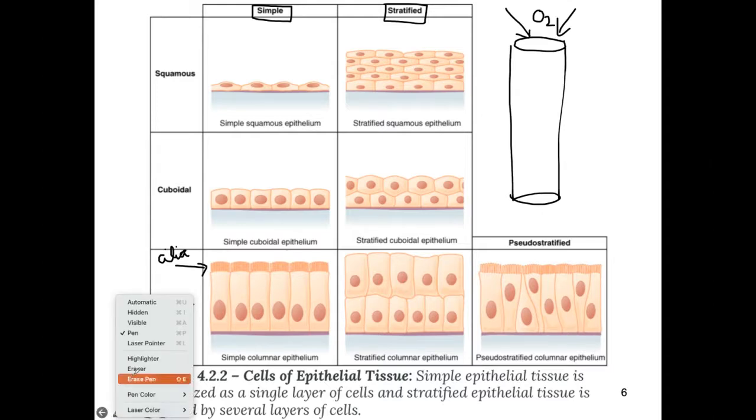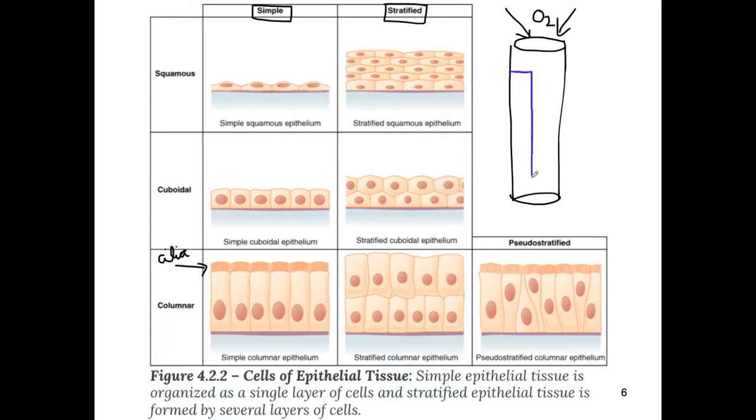Now, let's change the color here. Let's make it blue. So here we're going to have columnar cells, and there's going to be nuclei in each of these, right?